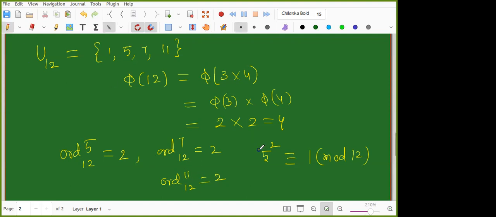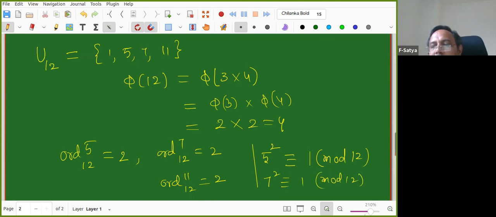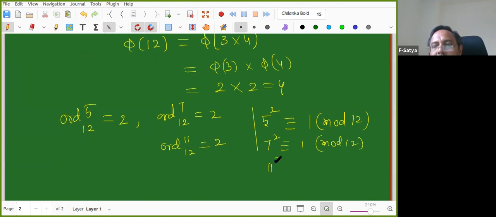There are various ways you can prove it without actually computing. 11 square is 121, minus 1 is 120, so 12 divides that. The order is 2, that is clear. 7 square is congruent to 1 mod 12, and 11 square. Without computing, anyone?